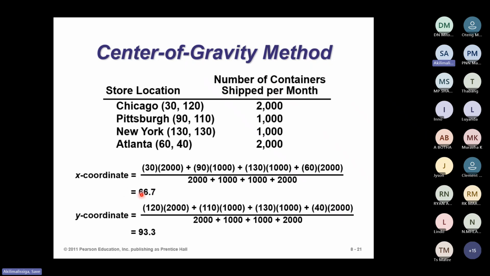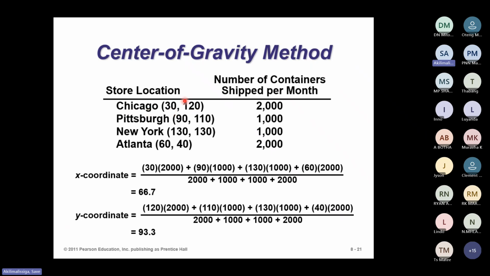So this is the x coordinate of the distribution center, the appropriate x coordinate that the distribution center should be. Now, once you are done with the x coordinate, you move to the y coordinate. So in order for you also to come up with the y coordinate, you must only focus on the y coordinate of each of the locations.